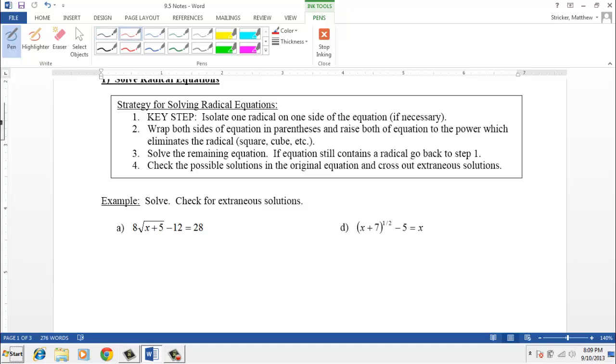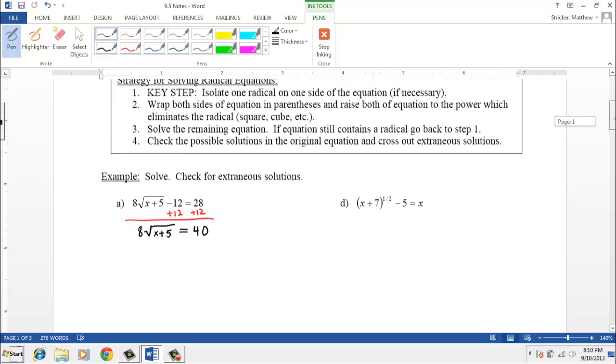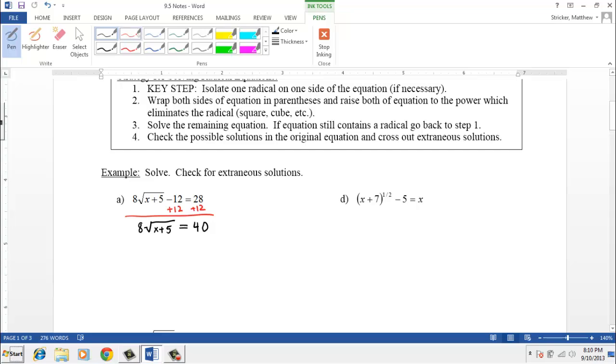For this particular problem, if we were going to isolate, we would of course start out by adding 12 to both sides. And when we do that, we end up with 8 times the square root of x plus 5 equals 40. We still don't have the square root by itself, so what would our next step be?